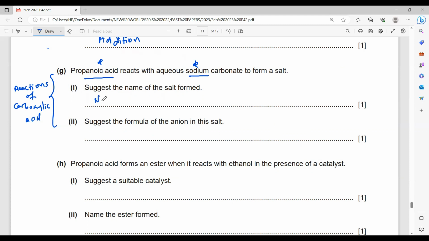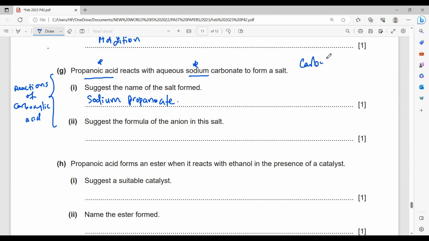And that will be sodium propanoate, of course. Propanoate is the anionic part of the carboxylic acid, carboxylate.